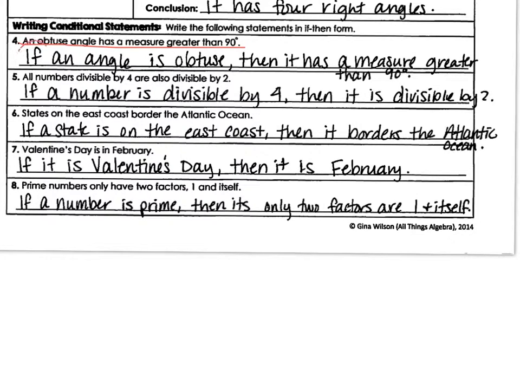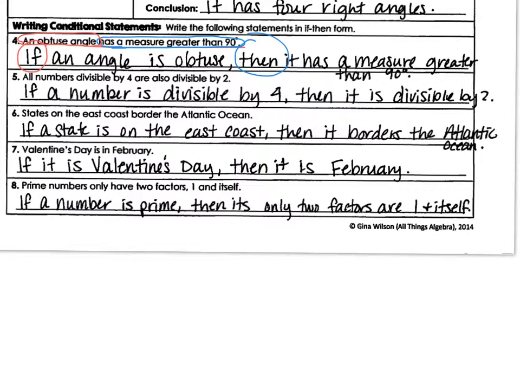So I'm going to break this down as: if an angle is obtuse, then it has a measure of greater than 90 degrees. So I broke down my statement, an obtuse angle has a measure greater than 90 degrees, into: if an angle is obtuse, then it has a measure greater than 90 degrees.